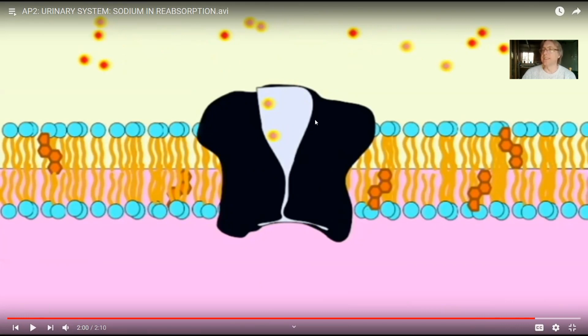And so this is also secondary active transport, but it is antiport. And so there can be more acid in the urine because of the tubule cells actively secreting an additional waste.